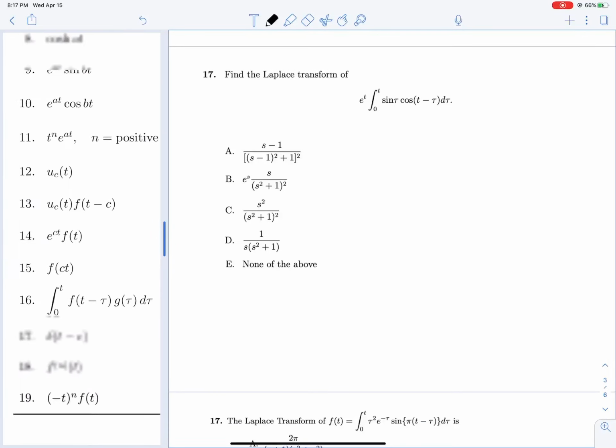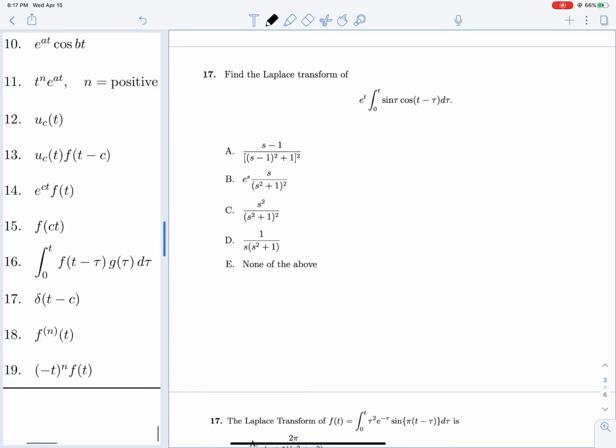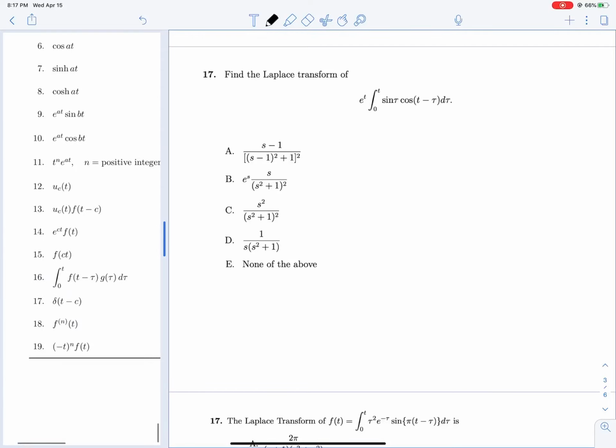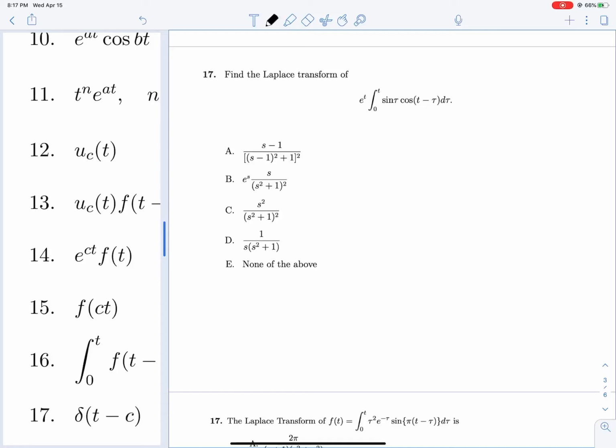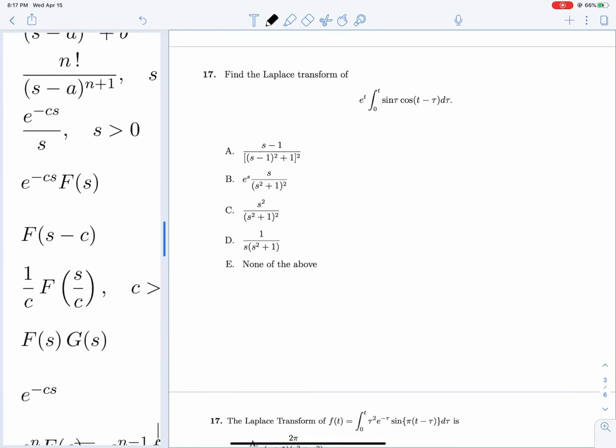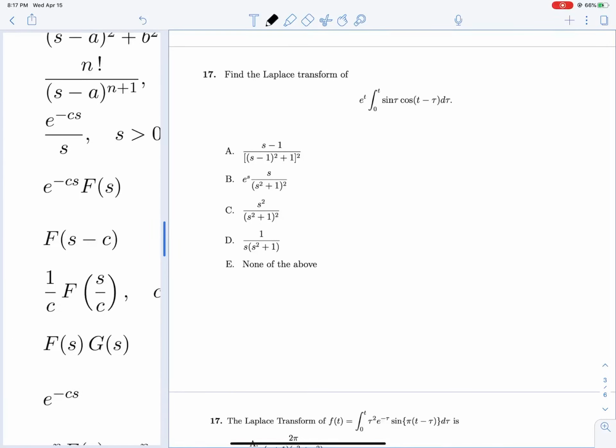Laplace transforms, they're still happening, except this one isn't so bad, although we have a little bit of a case of nested computations to deal with here. So whenever we take the Laplace transform of some function multiplied by e to the ct, that's just the Laplace transform of f of t, but we replace all of our s's with s minus c's.